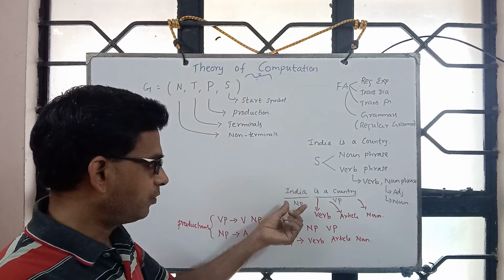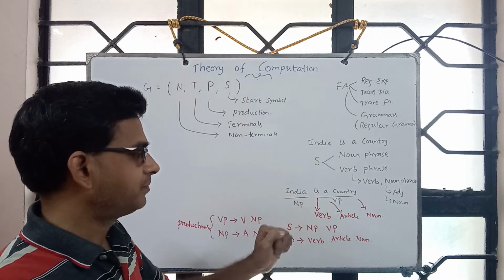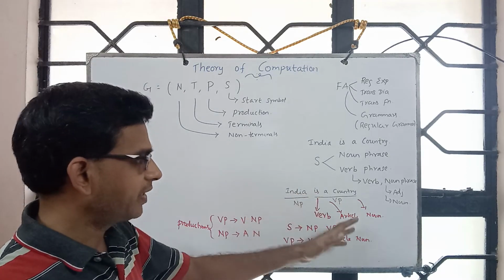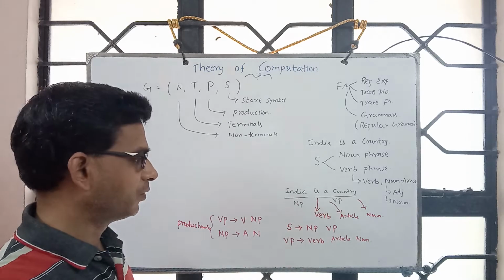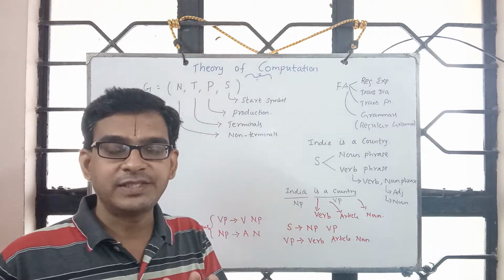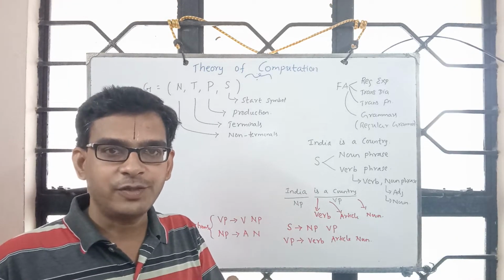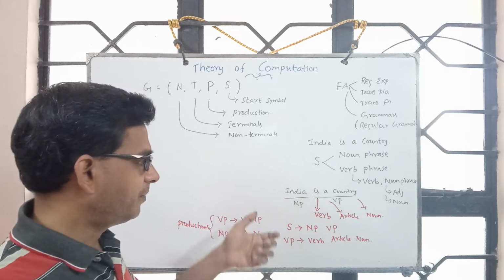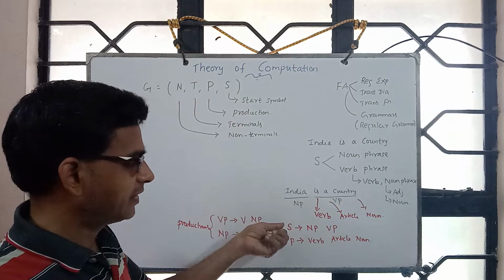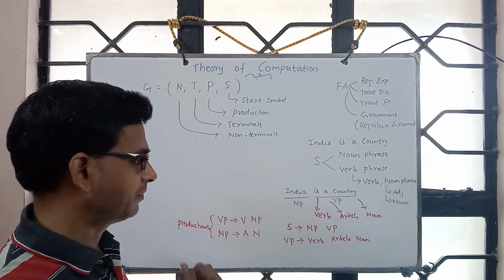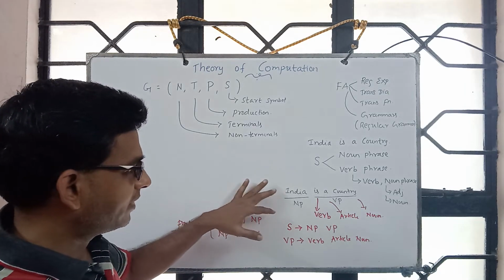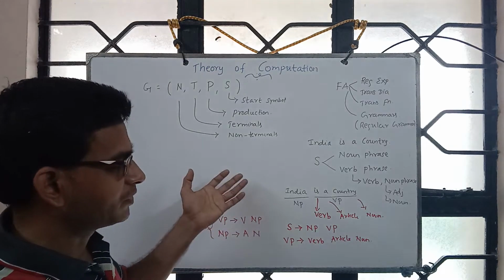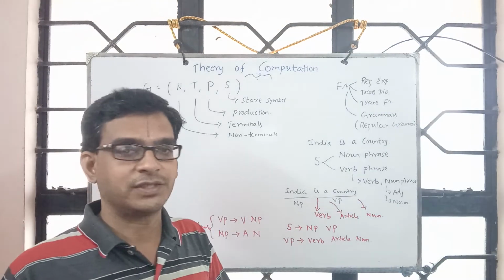If it is a noun, there should be a verb, and followed by maybe an article followed by a noun. So we define certain rules. According to the rules, we frame sentences and we combine sentences to get paragraphs and so on. And so the rules are defined by grammars associated with the natural language.